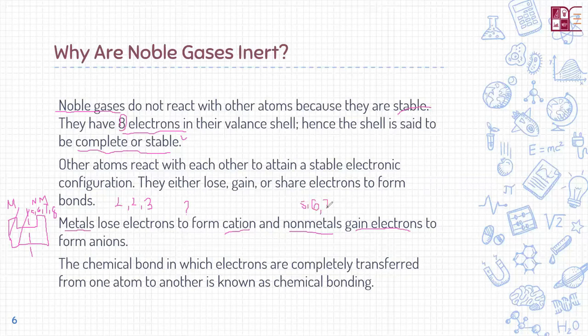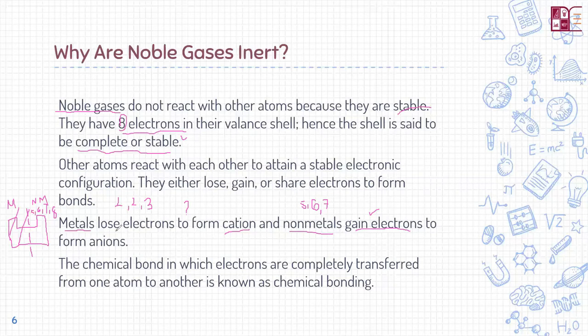Much more difficult for them. That is why they gain the electrons, which is much easier. So you see, if they have 7 electrons in their outermost shell, they just have to gain 1 electron, and they will get the noble gas configuration, which is 8 electrons. If it's 6 electrons in the outermost shell, they will just gain 2 electrons, and then they will get 8 electrons in their valence shell.